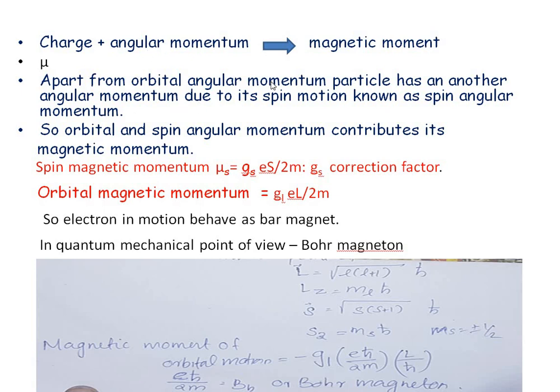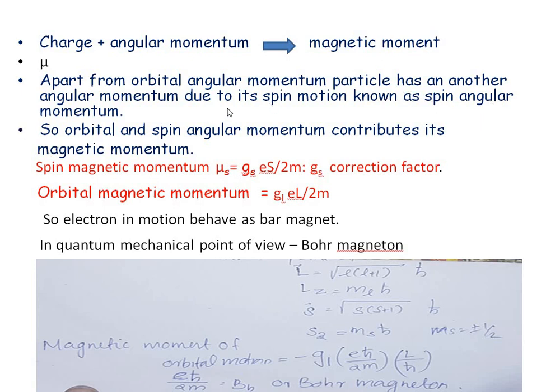The orbital angular momentum arises due to its rotational motion. Thus, we know that the electron has a spin motion also. Due to this spin motion, there is an angular momentum associated with the particle. That angular momentum is known as spin angular momentum.